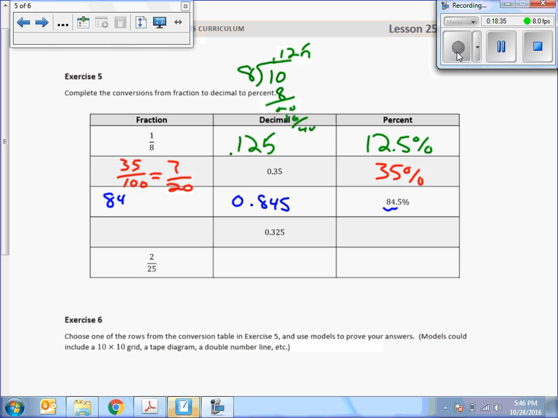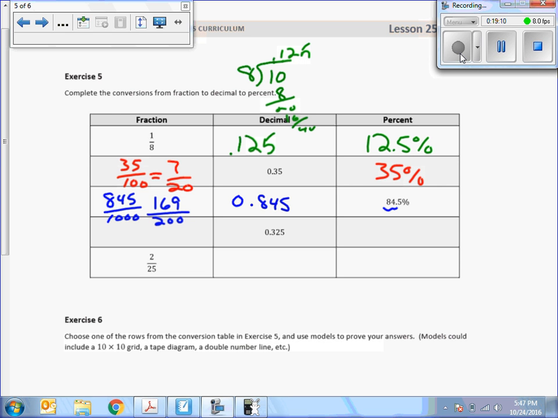That'd be 845 over 1,000. 5 will go into 845 169 times. 5 will go into 1,000 200 times. 169 over 200. Okay. Let me see if that reduces. That 169 over 200 does not reduce, so that's the answer.